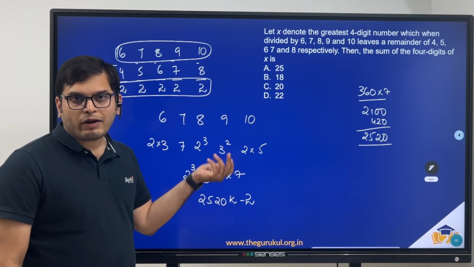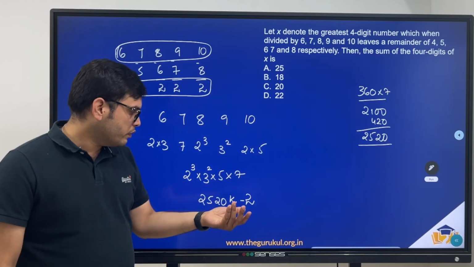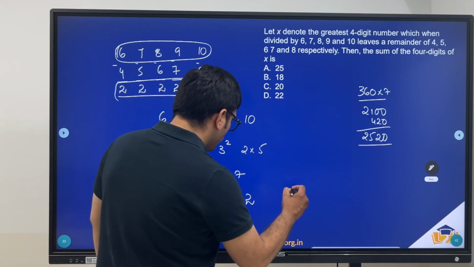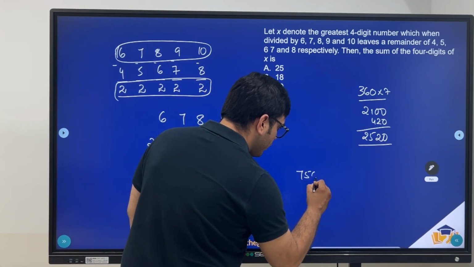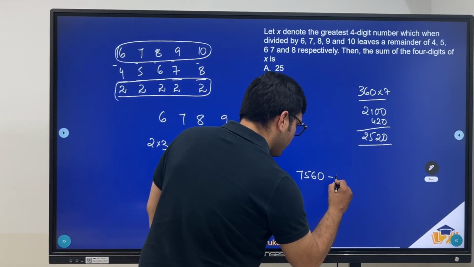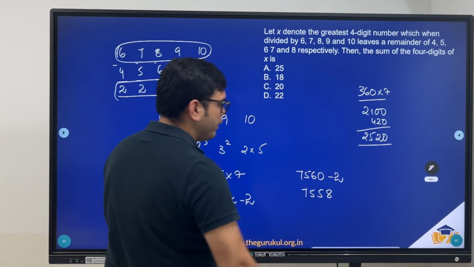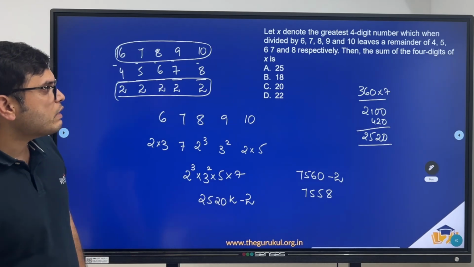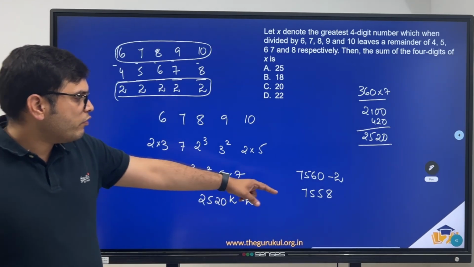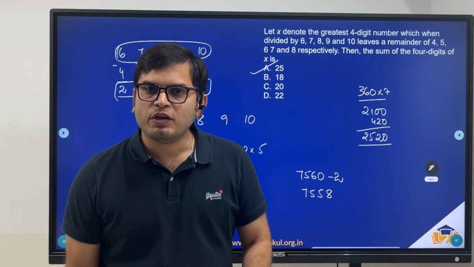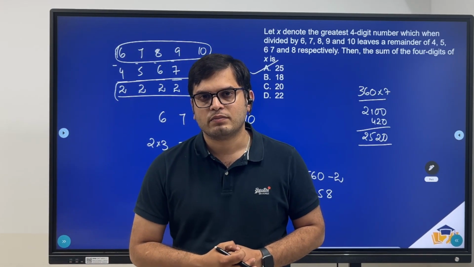Into 4, no, that will be a 5-digit number, more than 10,000. So the maximum value that k can take is 3. So 2520 into 3 is 7,560, minus 2, that is 7,558. Now we are asked to find the sum of the 4 digits. So 7 plus 5 is 12, 12 plus 5 is 17, 17 plus 8 is 25. Hence option A should be the answer to this question.